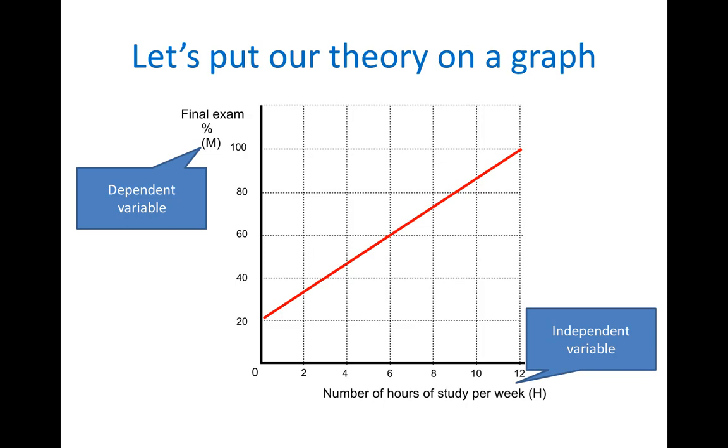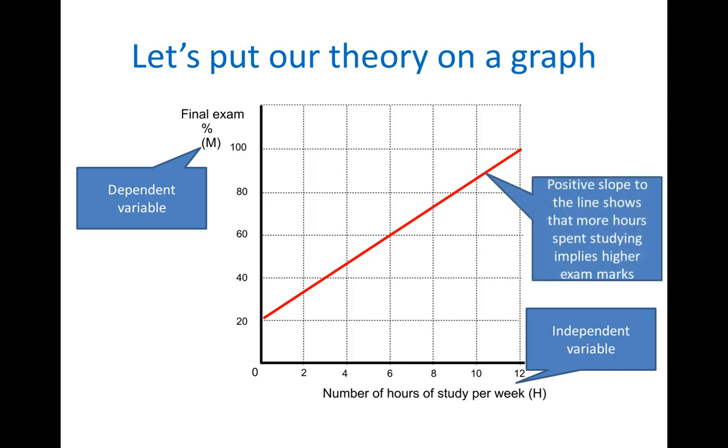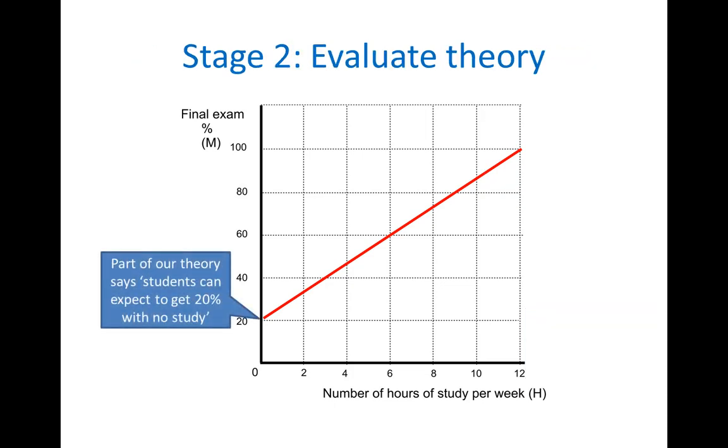Notice this is theoretical. We have no facts. We are theorizing that there is a positive relationship between the two, and it shows that the more hours that are spent studying will yield higher exam scores.